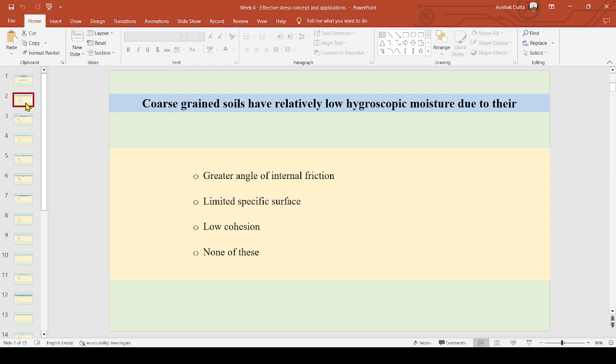The options are greater angle of internal friction, limited specific surface, low cohesion, or none of these.